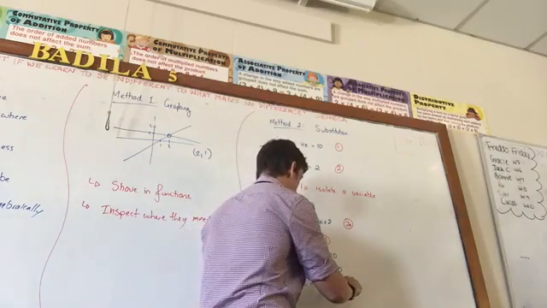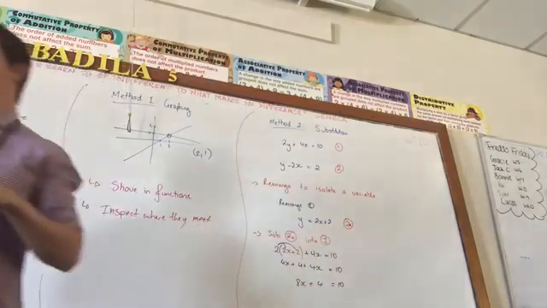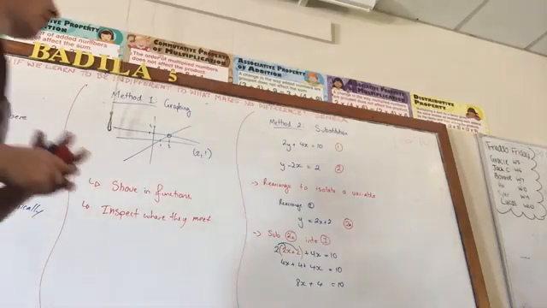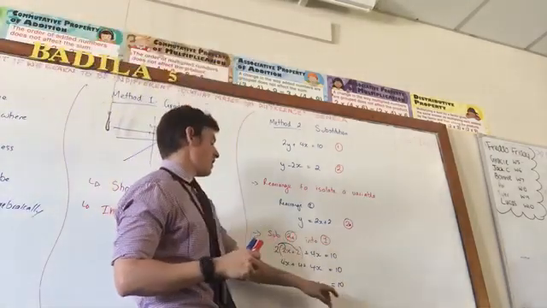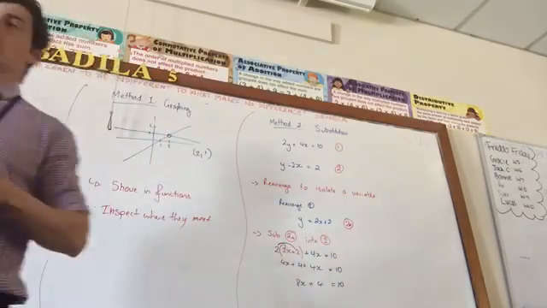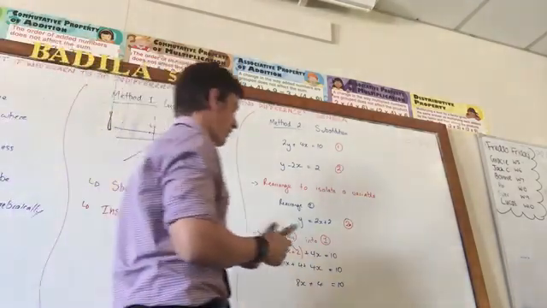equals. What should I use now? Starts with R, yeah, rearrange, but using what process? Reverse BODMAS. I've got a multiplication and an addition. What do I attack first, Rowan? Yep, how do I get rid of the 4?